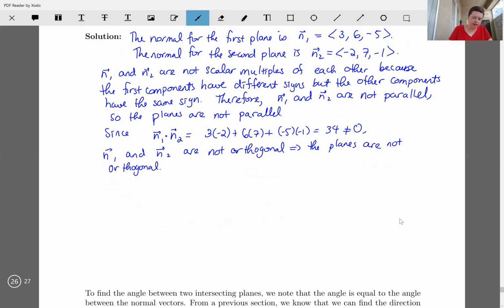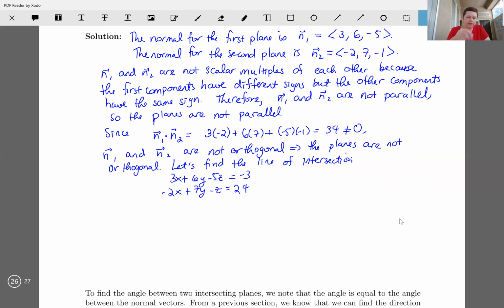So let's get the line of intersection. We literally take the two equations of the planes and try to eliminate one of the variables. Let's just eliminate x.